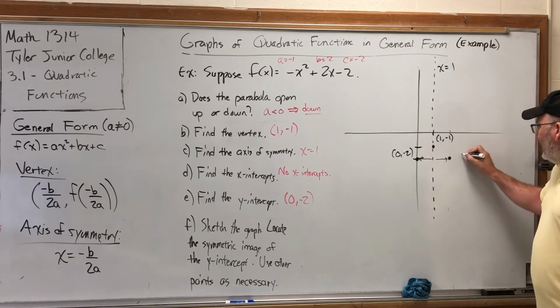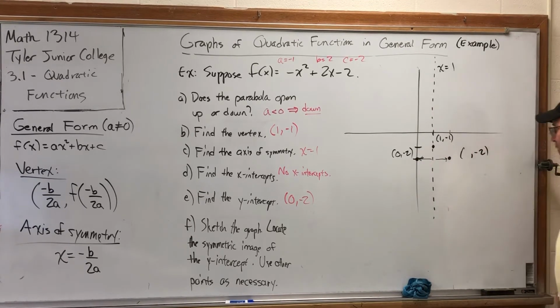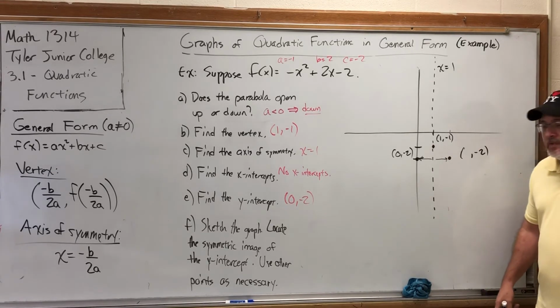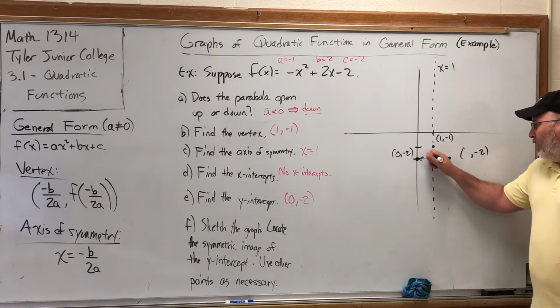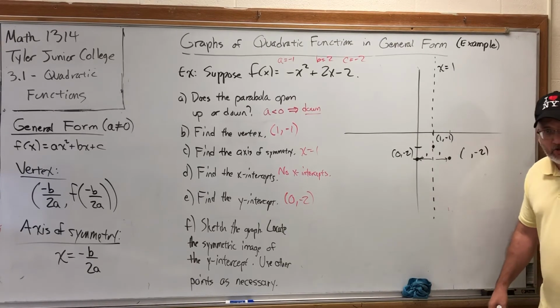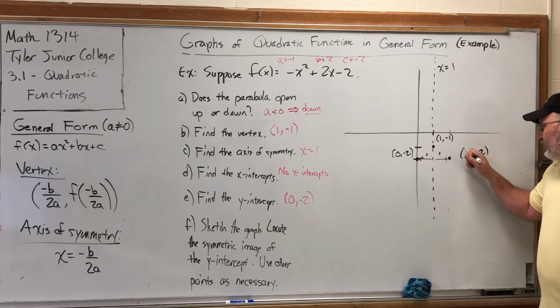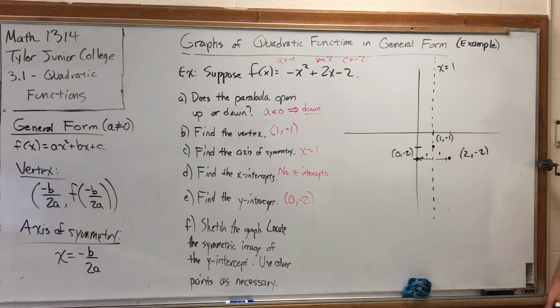I know it would be down -2, because it has the same y value as this point, but what would its x be? Since the y-intercept was one space from the axis of symmetry, so is its mirror image, its symmetric image. So it's a total of 1, 2 spaces over. The symmetric image of the y-intercept is 2, -2.